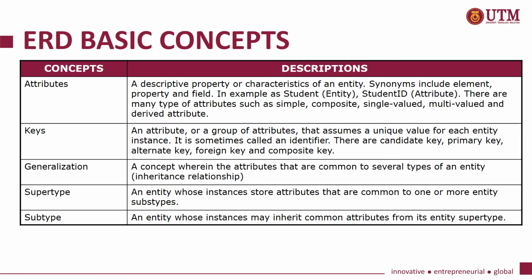And the last concept is subtype or subclass. Subtype or subclass is a distinct subgrouping of occurrences of an entity type or an entity whose instances may inherit common attributes from its entity superclass or supertype.